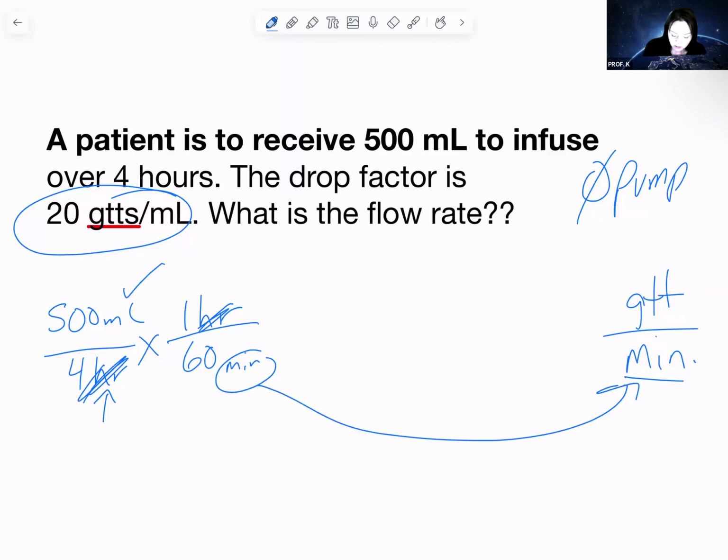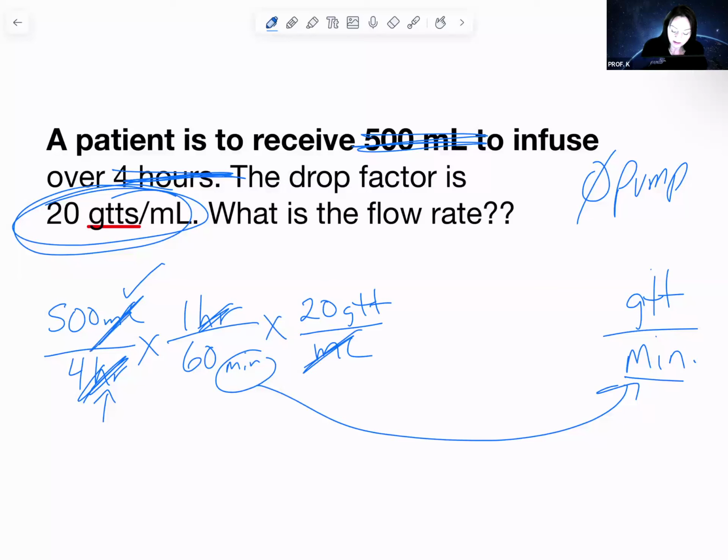How do I get rid of milliliters and get to drops? Well, look to my question. I've already used the 500. I've already used the 4 hours. I don't have a pump. I'm solving for drops per minute. The only thing I haven't used is the drop factor, 20 drops per milliliter. I'm going to use it. So 20 drops per milliliter. Cross off my milliliter and it leaves me with drops. That's it.